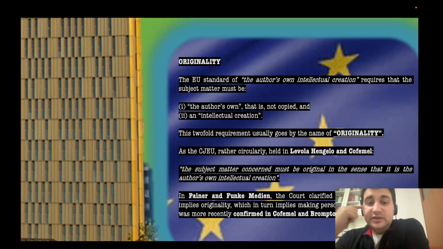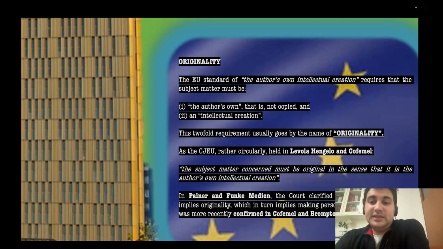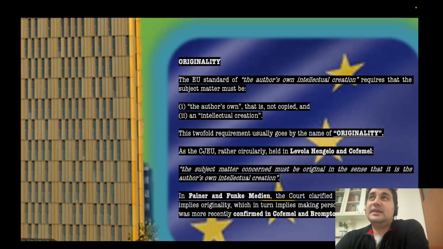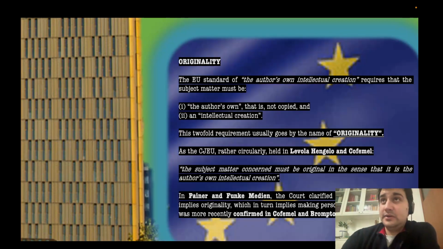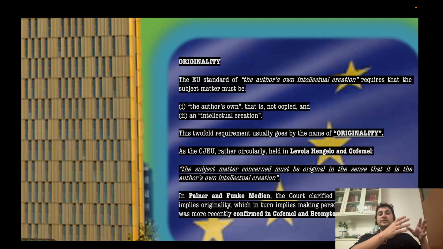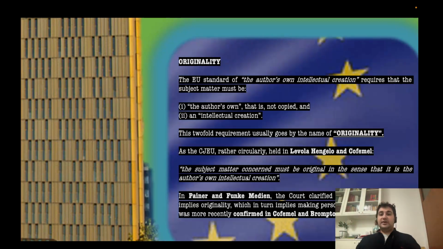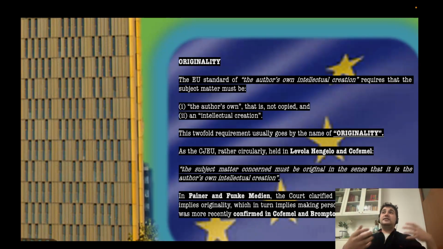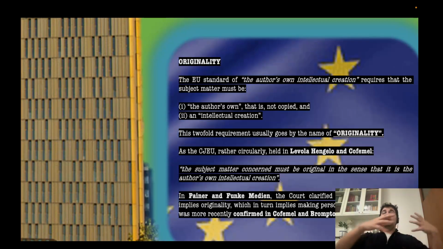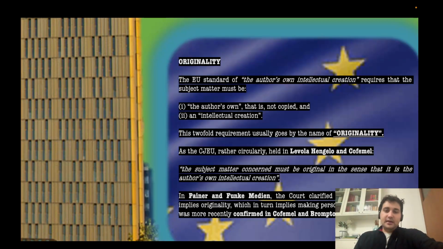This is what generates the originality, the fact that there is no copy, that it is just related to the author, and that we have an intellectual creation, and thence the originality.